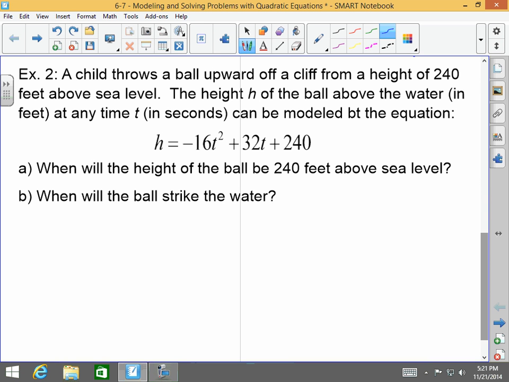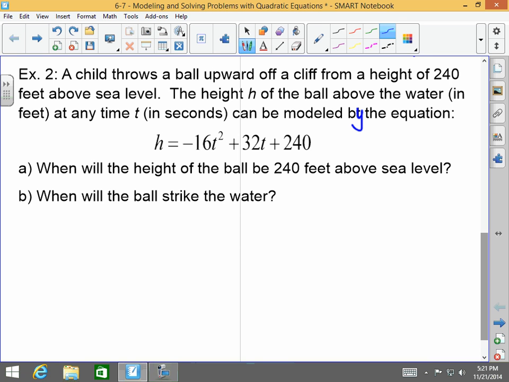The height h of the ball above the water in feet at any time t in seconds can be modeled by the equation h equals negative 16t squared plus 32t plus 240. A, when will the height of the ball be 240 feet above sea level? B, when will the ball strike the water?